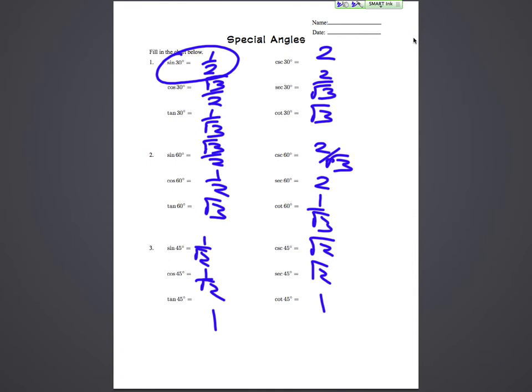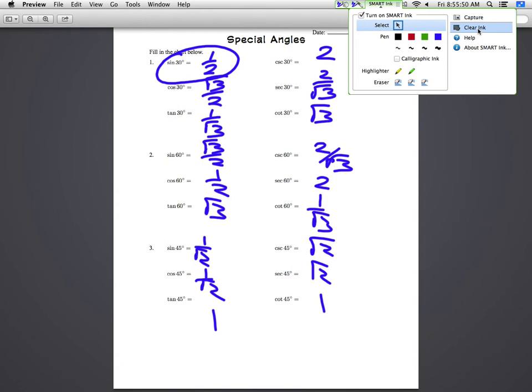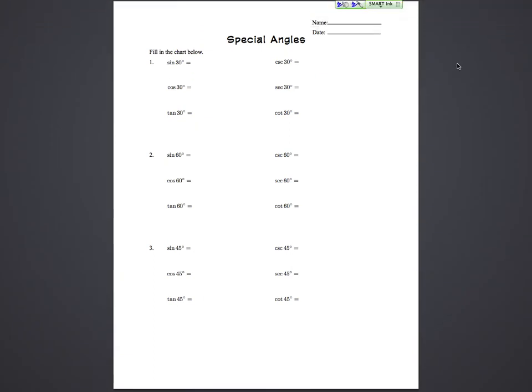No matter how big my triangle is, any triangle I draw, no matter how big it is, if I've got a 30-degree angle in it, what do I know about this side and this side? This side is always going to be twice what this side is.